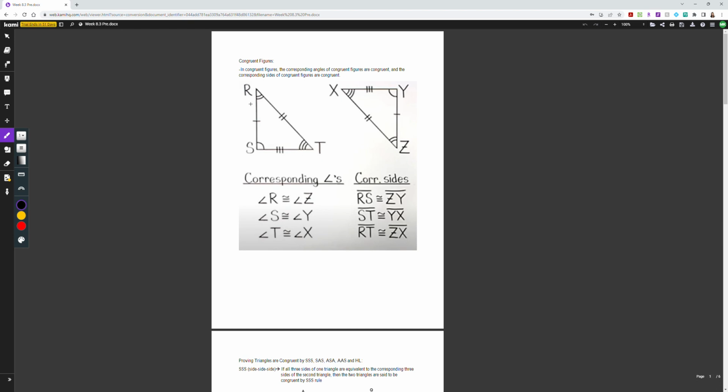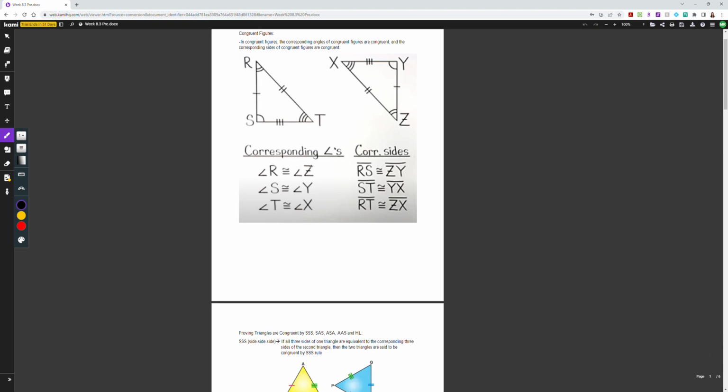Line ST is congruent with line YX, and line RT is congruent with line ZX. From all this, we know that the two triangles are congruent. We'll play around with this during your deep dive lesson as we see how the questions are presented.